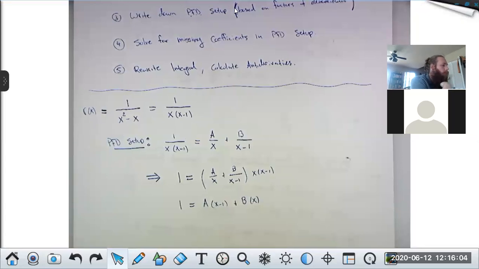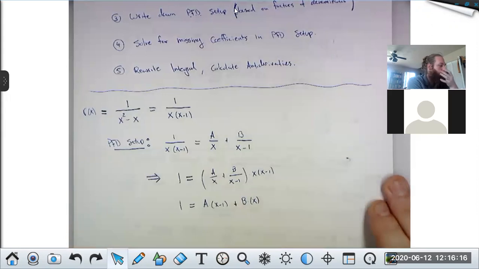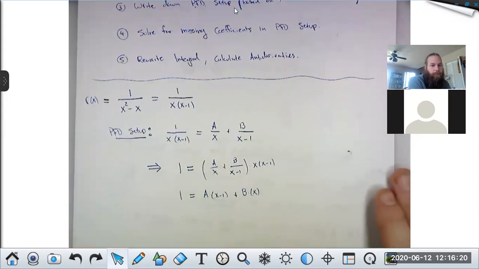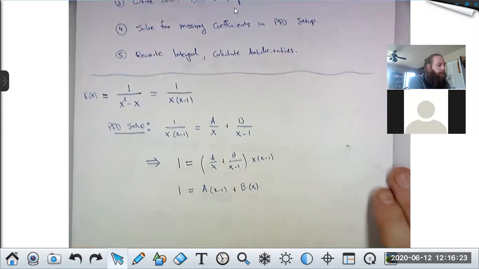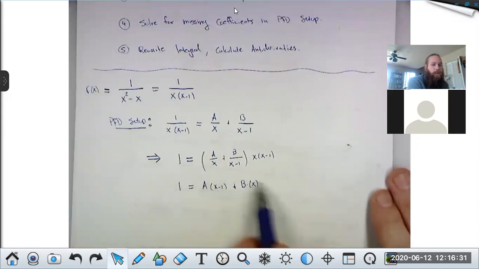My goal is to solve for the coefficients a and b. Those are the missing coefficients that I want. I want the constants a and b. So here a is a number, b is a number. I want to know what are those numbers. There's a bunch of ways to find them. This statement should be true for every value of x. So I could plug in some x values here.